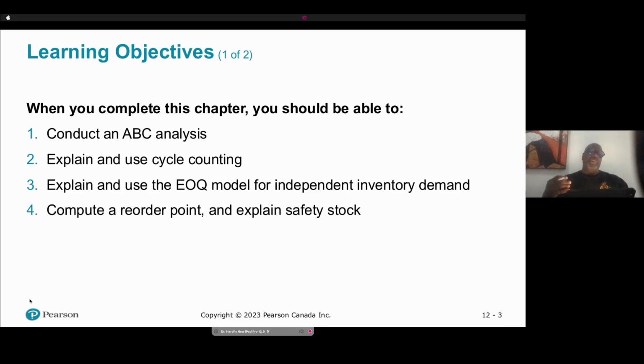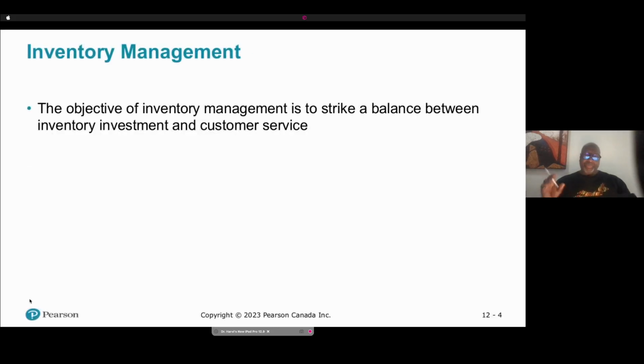If we place an order that's too small, we could run out of stock and lose a sale. All right, so we have to get it just right. And then, of course, how often do we order? When do we place the orders? Once every 2 weeks, once every 3 weeks, once every 4 weeks. So the combination of these two questions is really what we're going to be focusing on in this particular chapter.